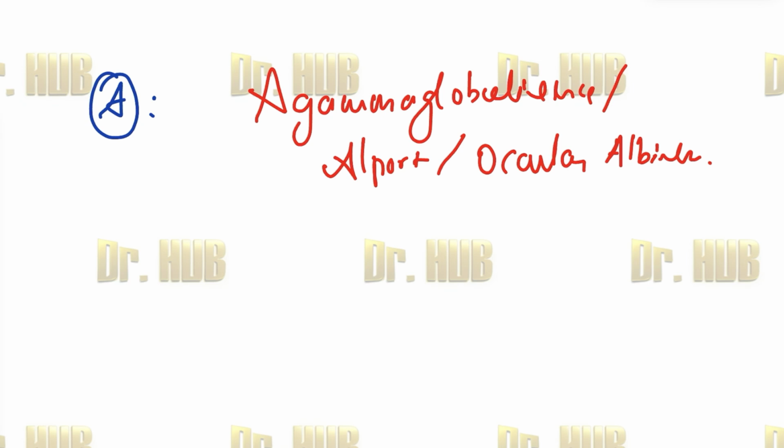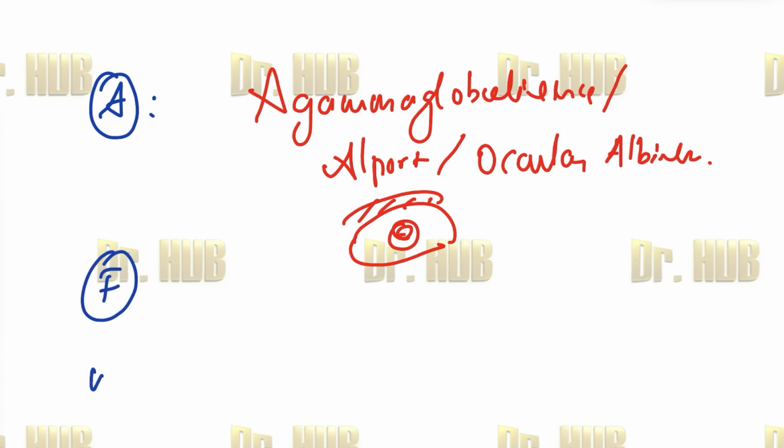So about: A for agammaglobulinemia, Alport syndrome, as well as ocular albinism. Another ocular feature was color blindness.